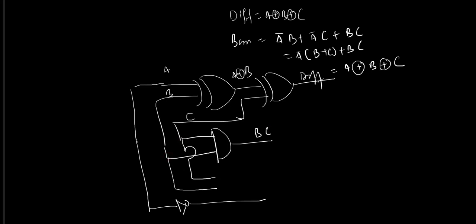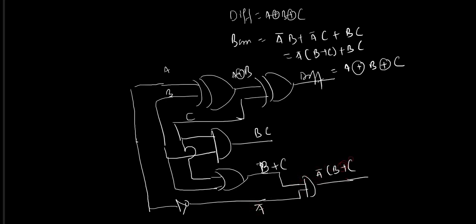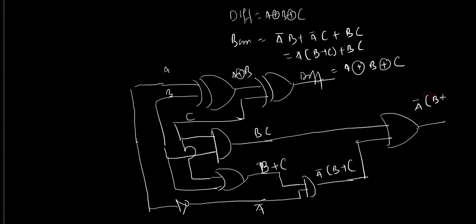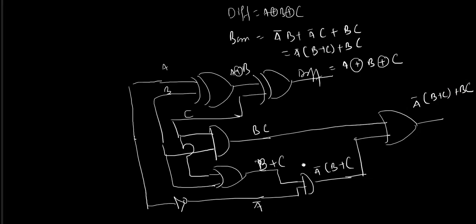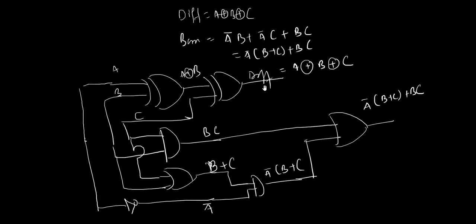So what I get is B plus C. B plus C I need to AND with A bar, so my result is A bar times B plus C. Whatever output I got over here, I will simply use an OR gate, and this will be my result, that is A bar times B plus C plus BC. So this is the circuit diagram for full subtractor where I am getting difference and borrow, and this is my borrow.